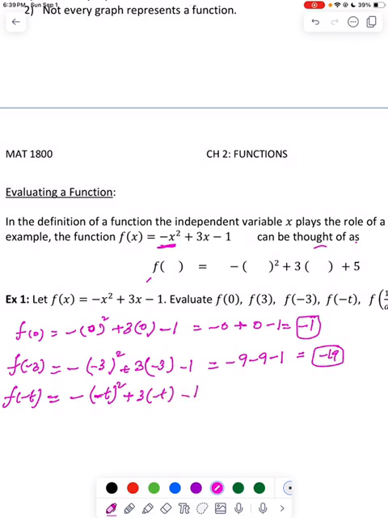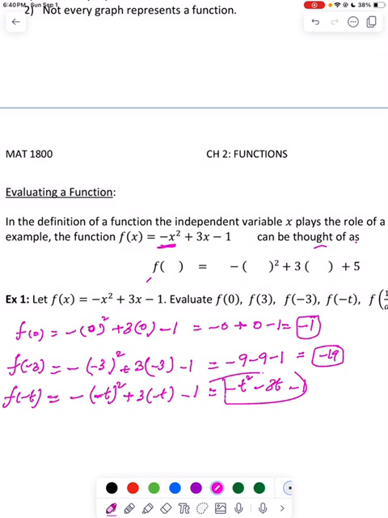So this will be equal to, now the first term becomes negative t squared, minus 3t, minus 1. That is f of negative t. Now we had f of 1 over a, I believe.